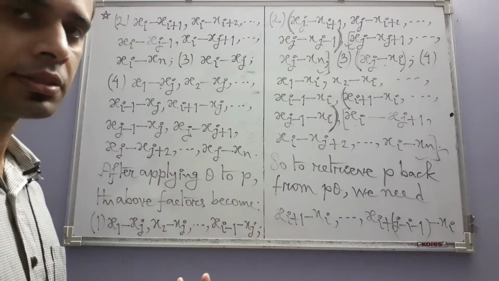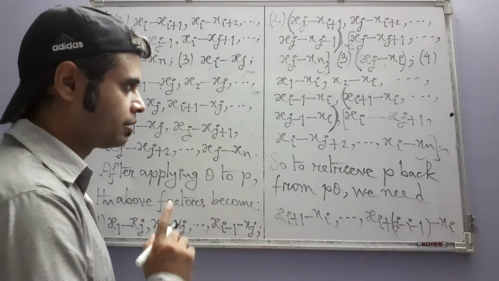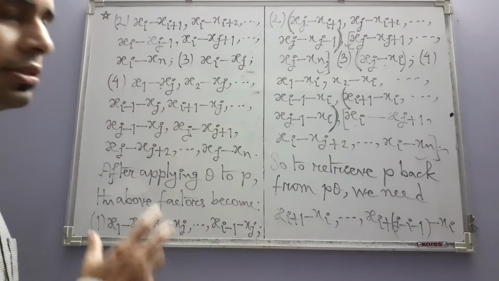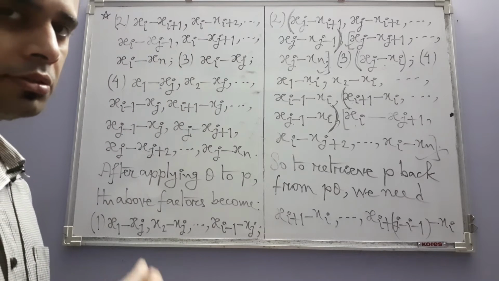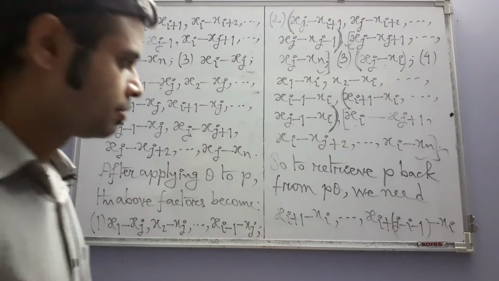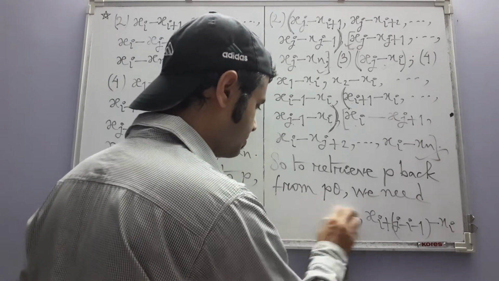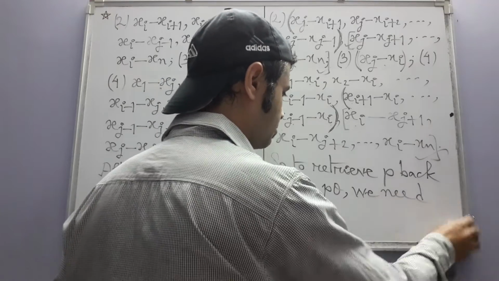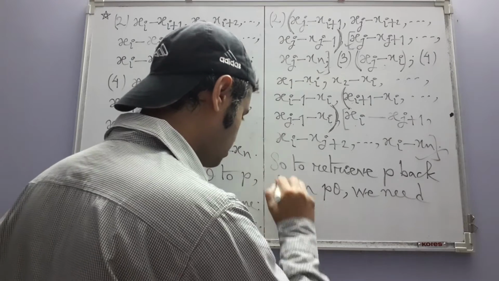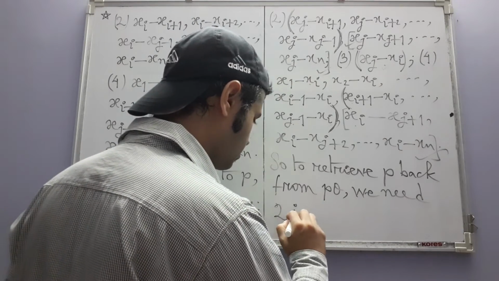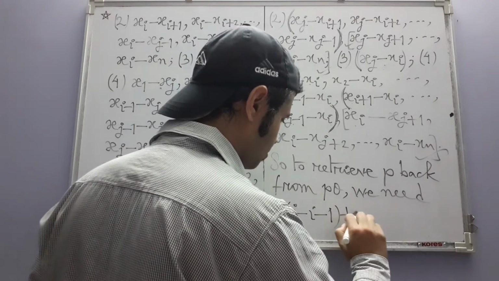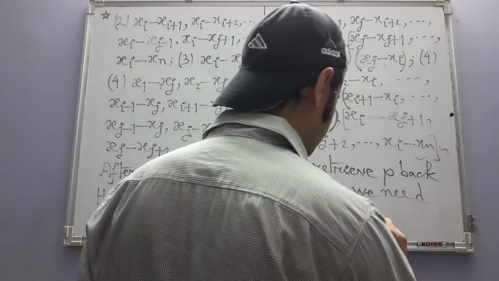Previously also we had that same number of factors, but there is one more, this extra unique one. So that many sign changes we need in order to retrieve or get P back from P theta. So now we are going to write: we need 2 times j minus i minus 1 plus 1 sign changes.